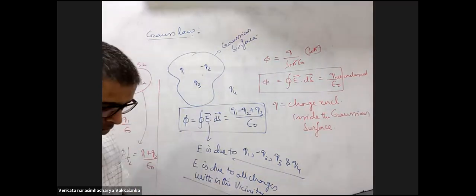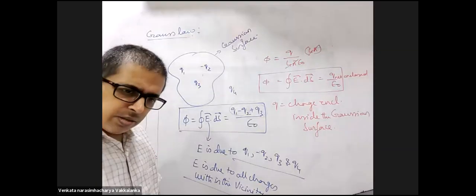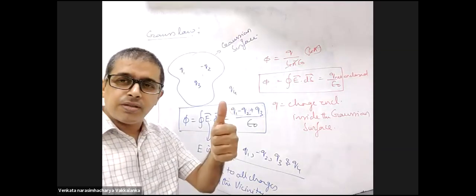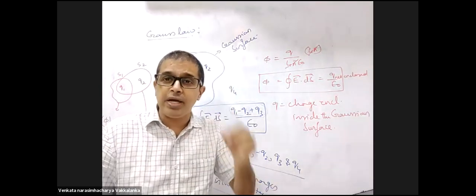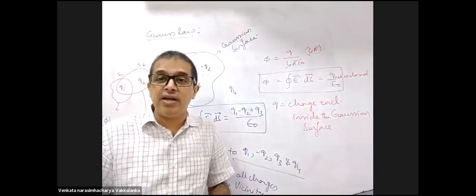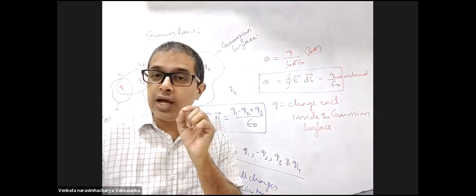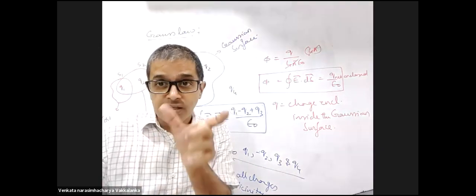So you are saying even if we bring 100 charges outside this surface, we will only have flux due to the 3 charges inside, right? Flux through a closed surface is only because of charges inside the surface. The word closed is important.